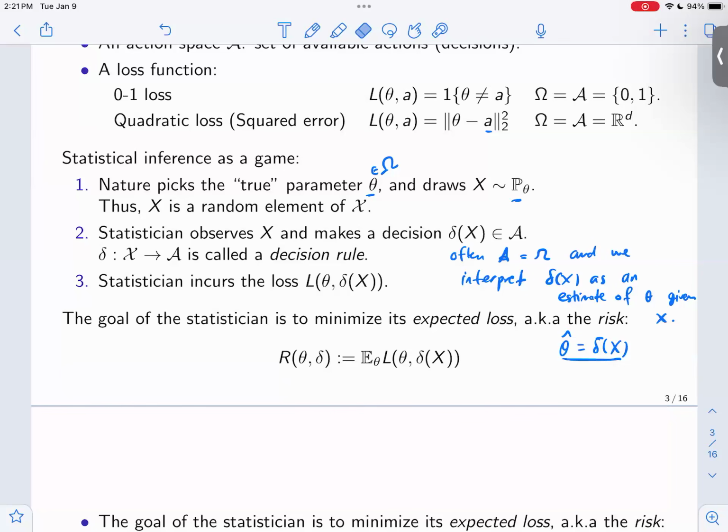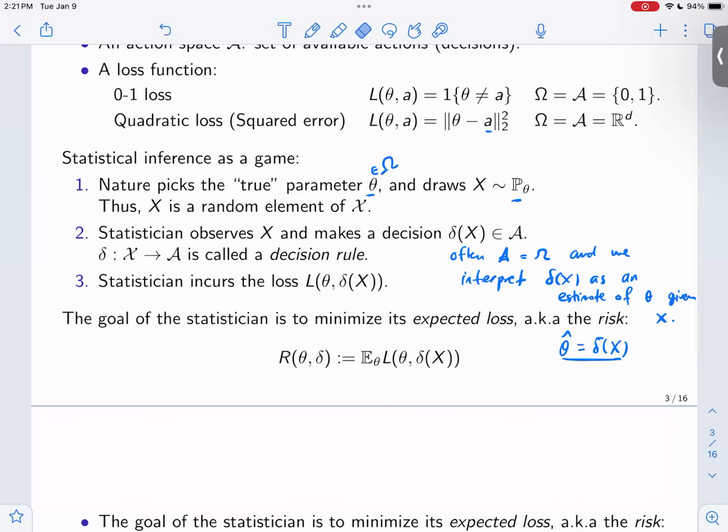I sometimes might drop this, but it's implicit in the setup. So this thing really depends on theta twice, or in two ways: once because of the dependence of the loss, and the other because of the underlying dependence of the distribution. So this makes that explicit.